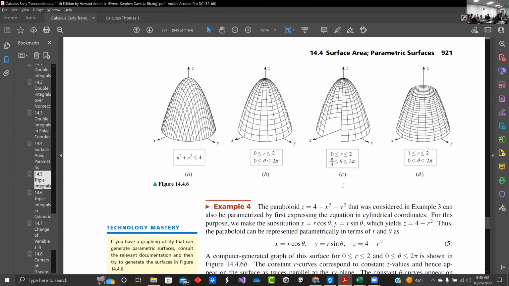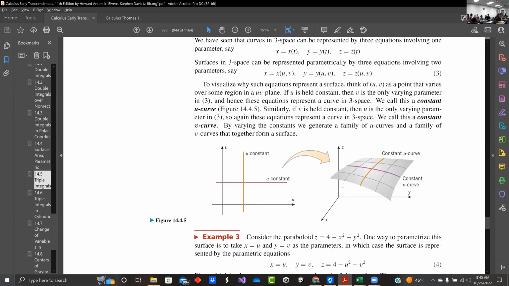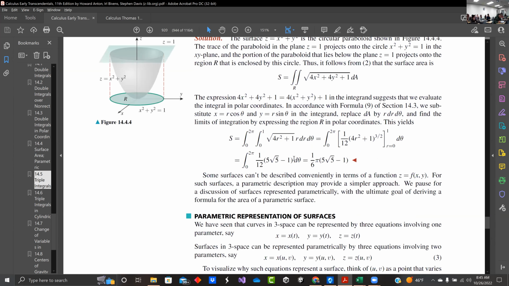What? Yeah, r dr. This is really cool. Check this out. And then let's do corrections.